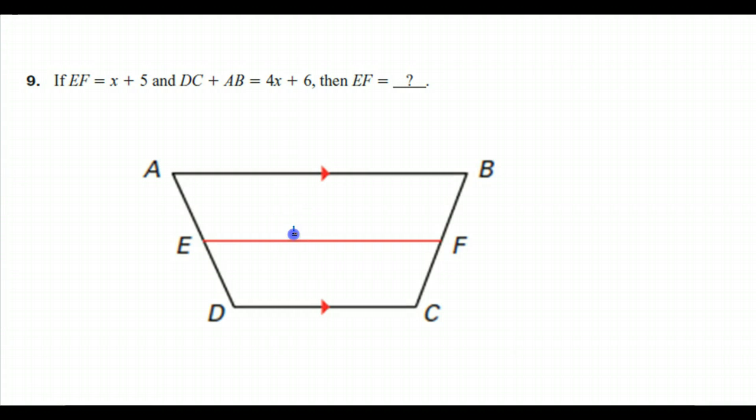Let's say that this is the mid segment, so I'm going to call it M. Let's call this base X and call this base Y. The relationship between these two bases and the mid segment is that the mid segment should equal the average of the two bases.